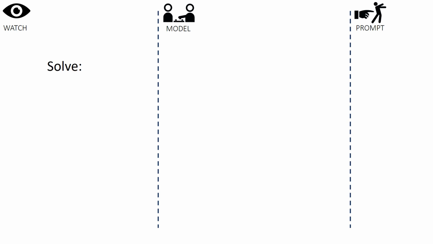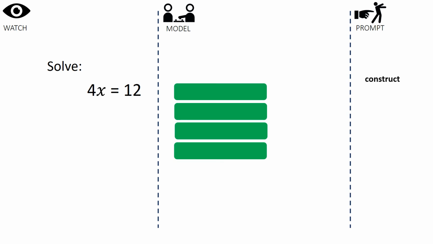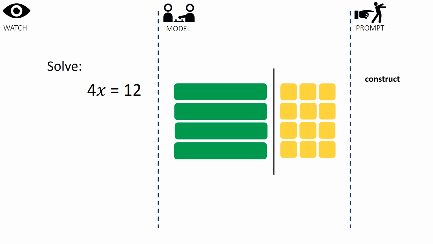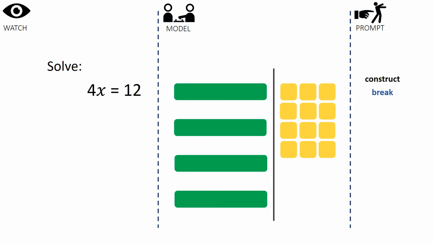So moving that forward and looking at how we would write that out, solving something like 4x equals 12, we would construct, we would break by sharing into 4 separate groups, effectively dividing. We don't use the division symbol.